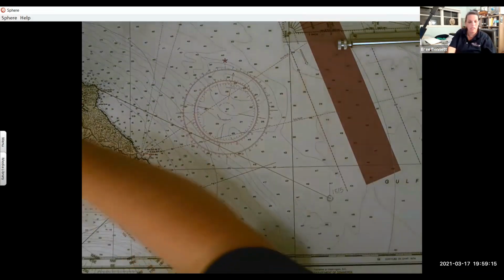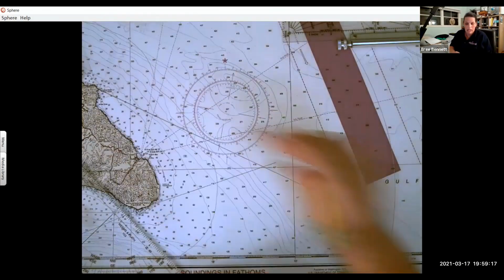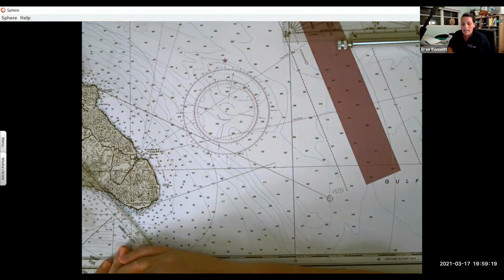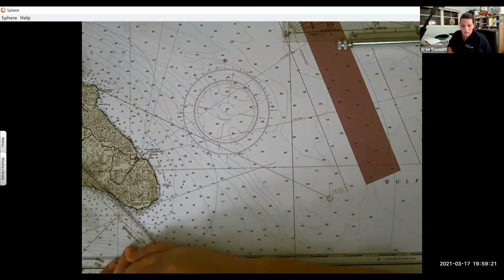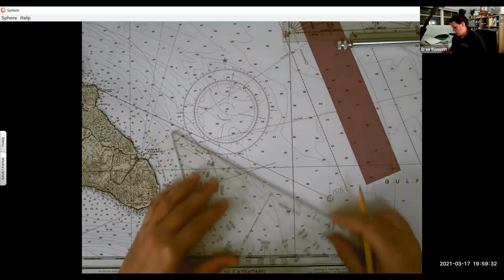Oh, I'm on the second page. And it asks us, what is the course? Let's fill in the blank here. We reduce our speed to 10 knots because it is dark and we know we should reduce our speed. Okay.